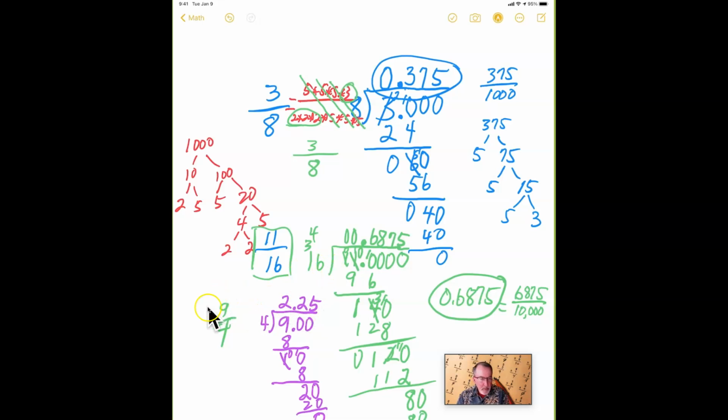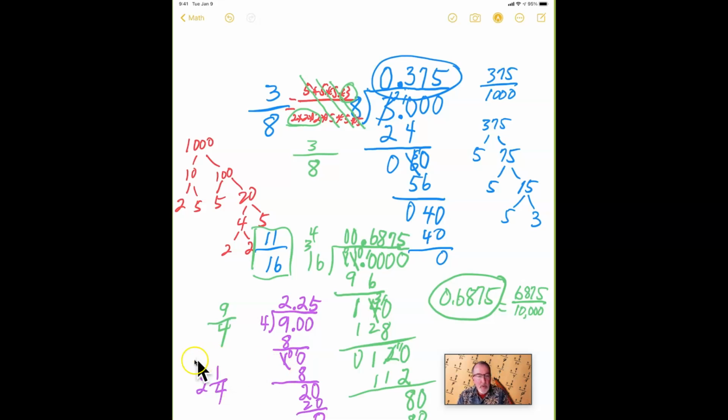And if we were to convert this improper fraction into a mixed number, it would be very similar to this. We would divide 4 into 9, you get 2. And then 2 times 4 is 8. Subtract that, and you have 1 left over. So that would be 2 and 1/4, right?